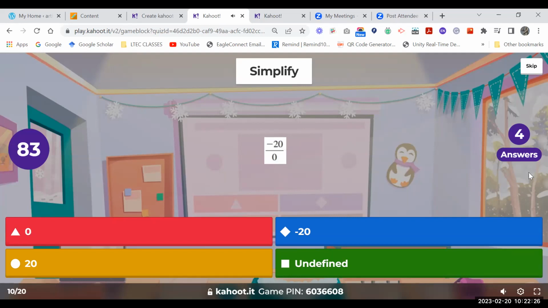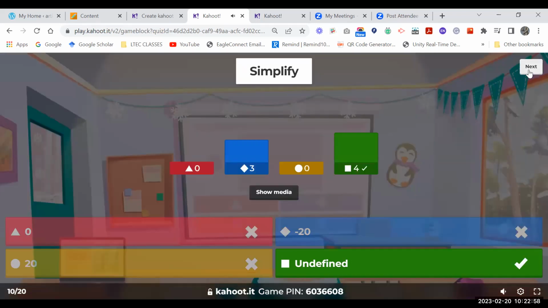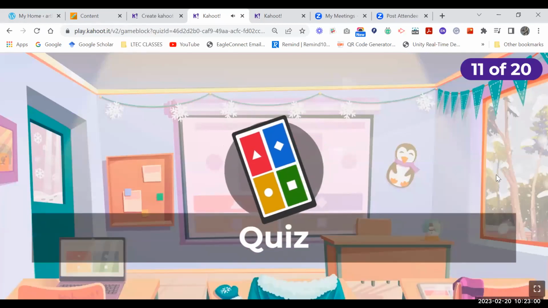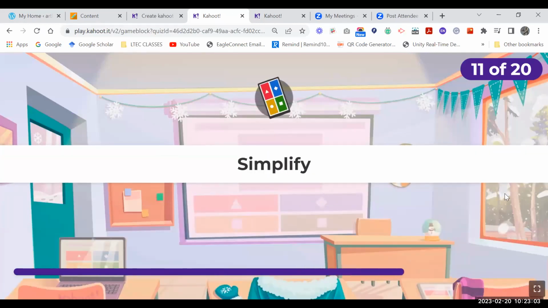I don't know what's the right answer. I won't tell you how to do this one until we do the next one. Don't have to work it out. You know this one. What is that? Okay, let's do this one. I'm gonna describe it in a second.